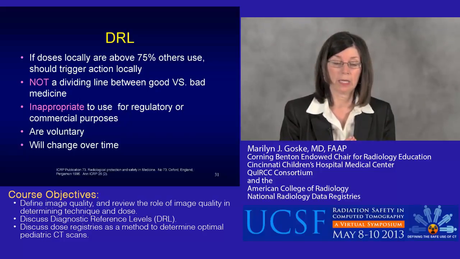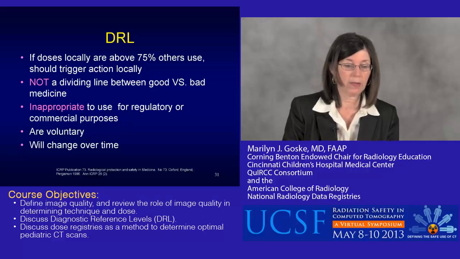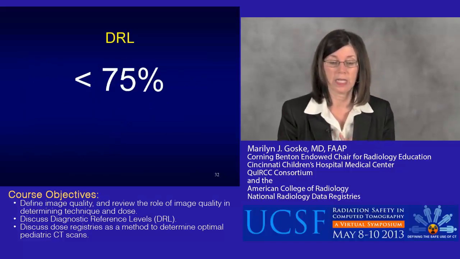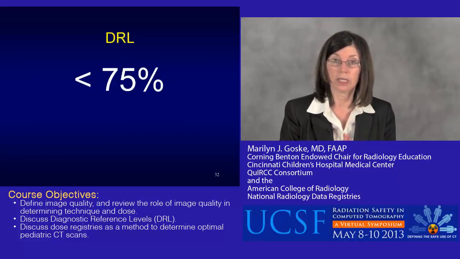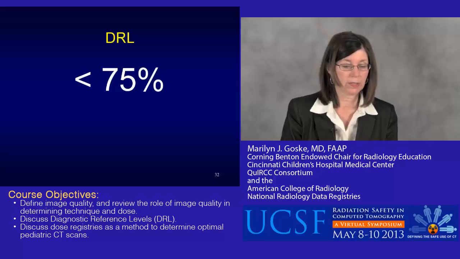Participating in these types of surveys is voluntary, and we know that that 75th percentile, that DRL, will change over time. So again, a diagnostic reference level on this next slide is your institution, your facility being at or below the 75th percentile compared to your peers.